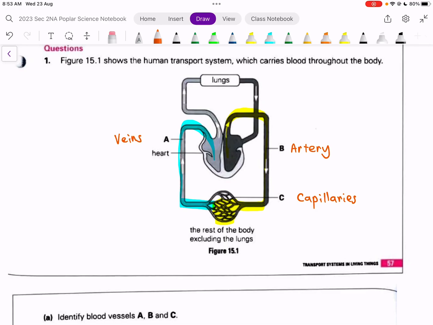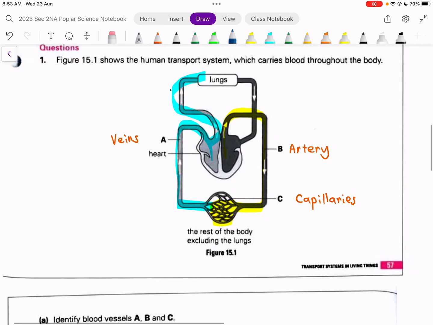Of course there's also blood going to your lungs, if you look at this down here. This one is also an artery. There's a special name for this one, it's called your pulmonary artery. Probably you will learn it in upper sec bio, but at your level you are not really required to know it yet.